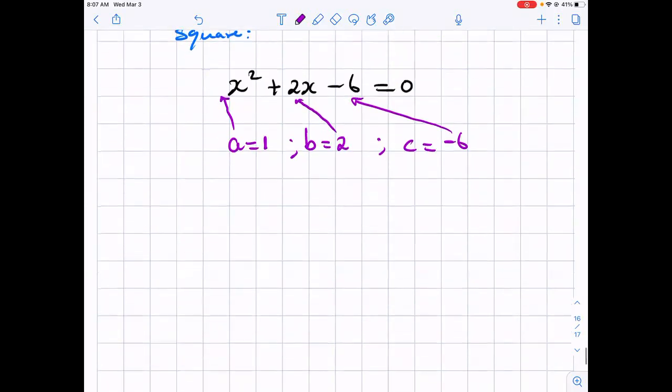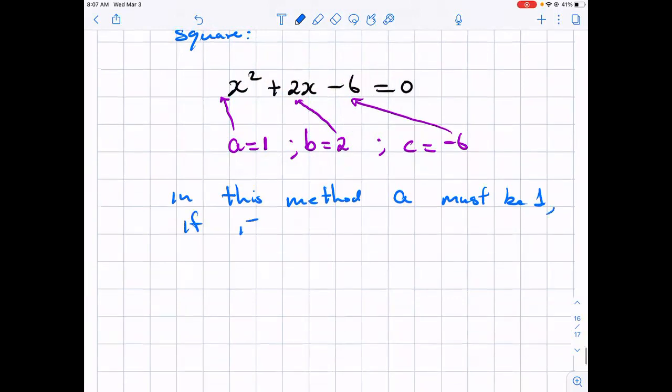Now, in completing the square, in this method, a must be 1. Okay? If it is not, we must factor first.